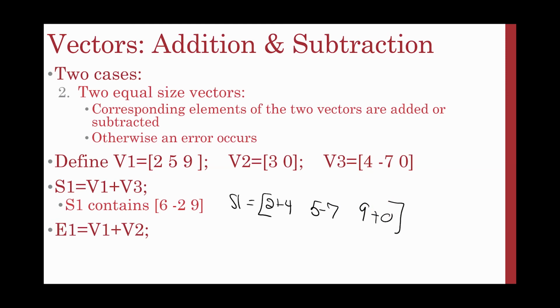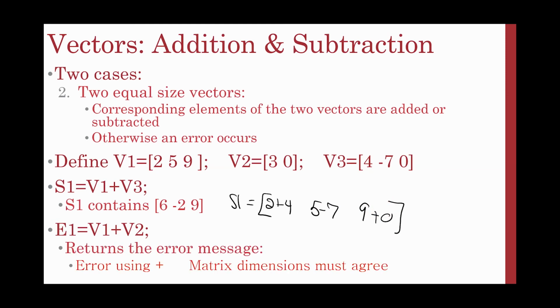If we were to try to add v1 to v2, you're going to get the error message, error using plus, matrix dimensions must agree, because when it gets to the third element of v1, it's going to look for a third element in v2, which does not exist, so it cannot do that.